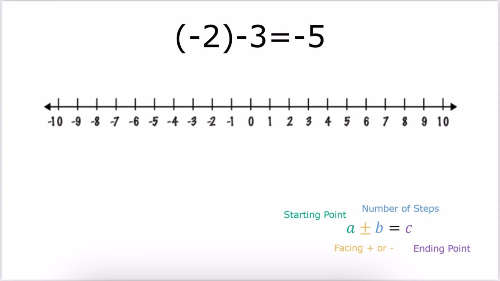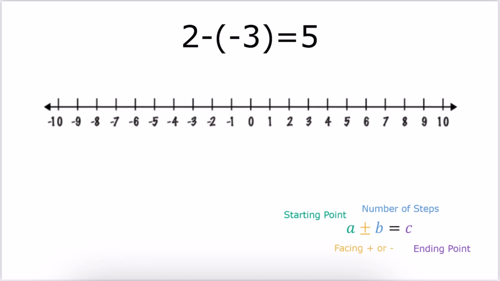If I wanted to show that negative 2 minus 3 equals negative 5, I would start at negative 2. Since I'm subtracting, I'm going to be facing the negative direction. And since I'm subtracting a positive 3, I'm going to take 3 steps forward, which puts me at negative 5.